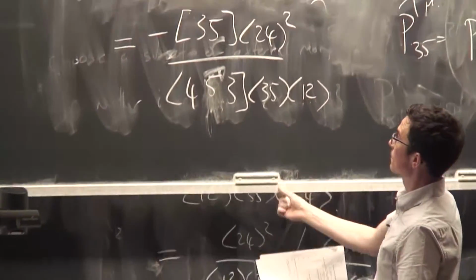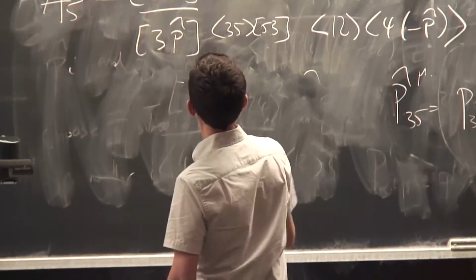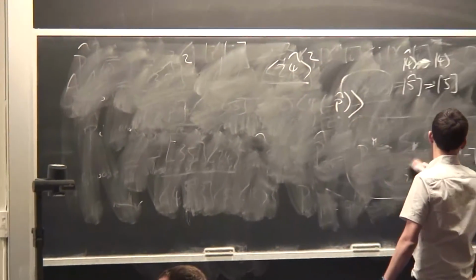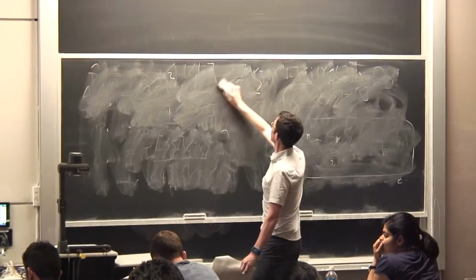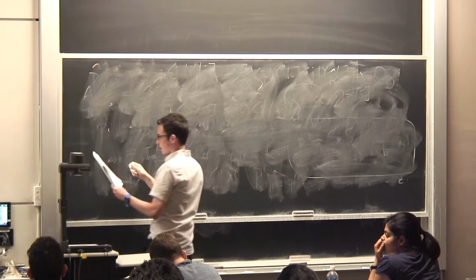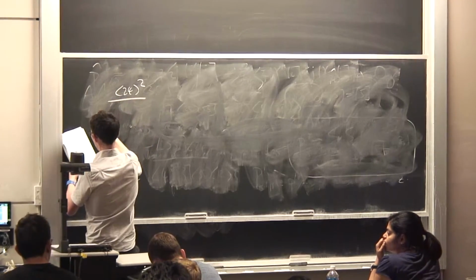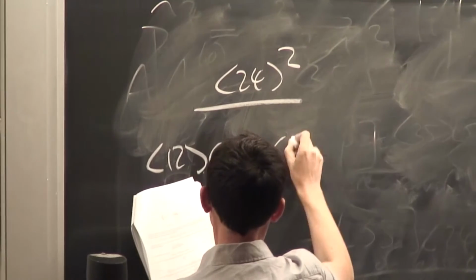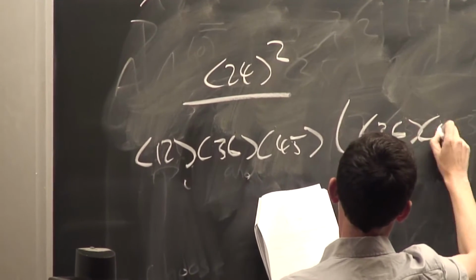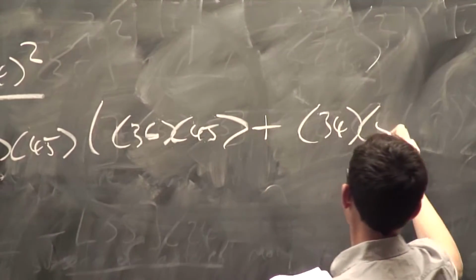So what we have left at the moment is 2, 4 squared divided by 1, 2, 3, 6, 4, 5, 3, 6, 4, 5 plus 3, 4, 5, 6.